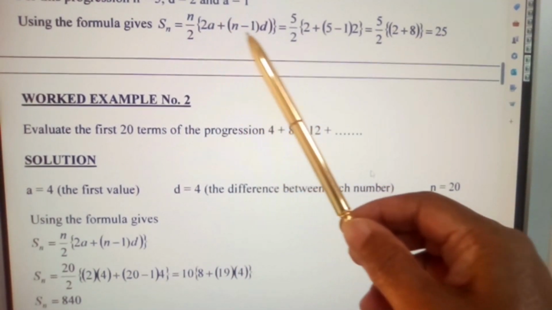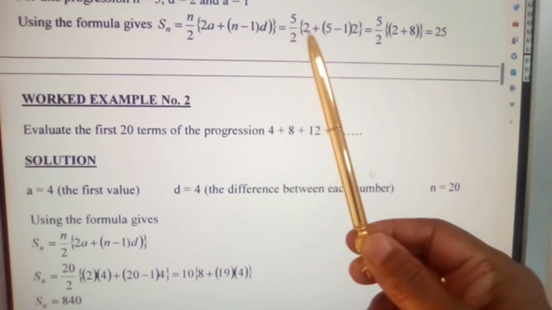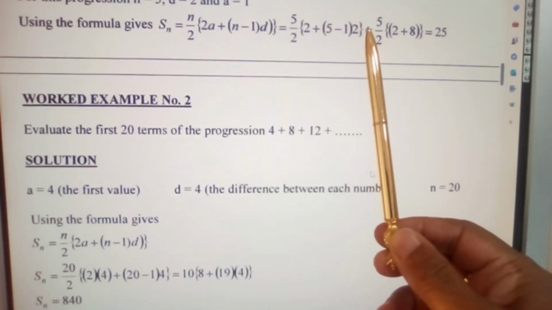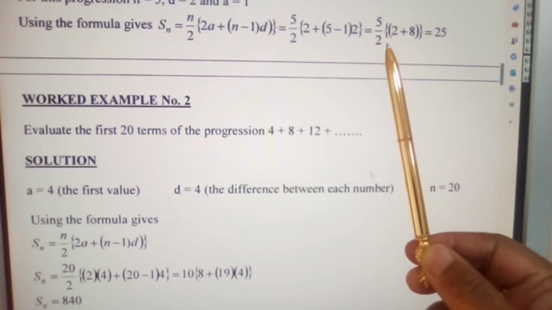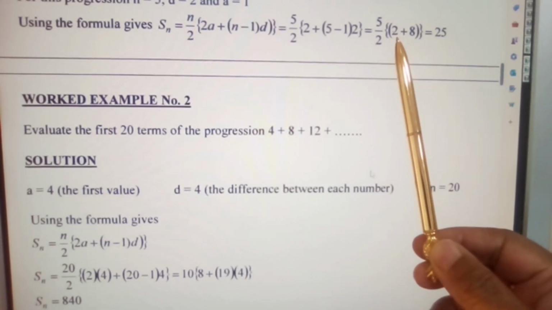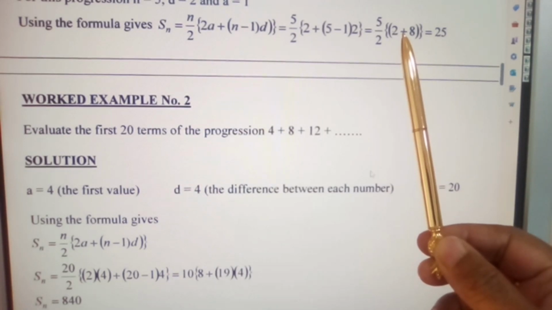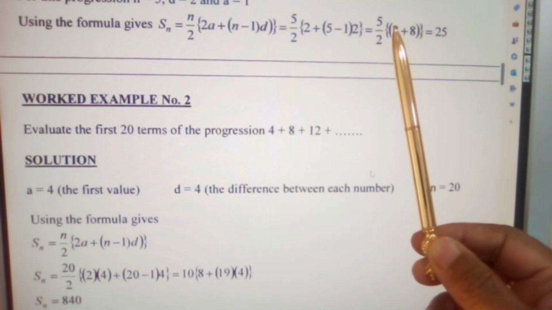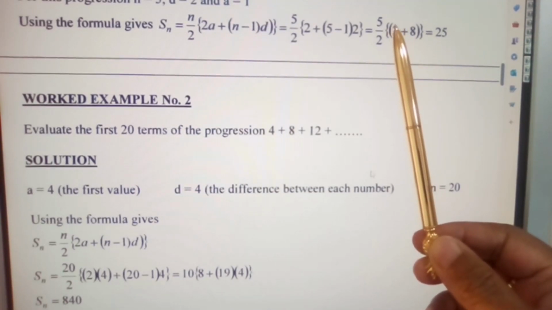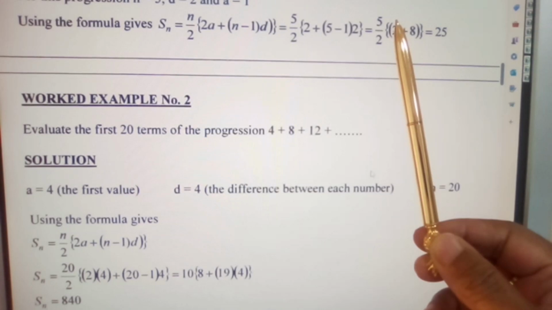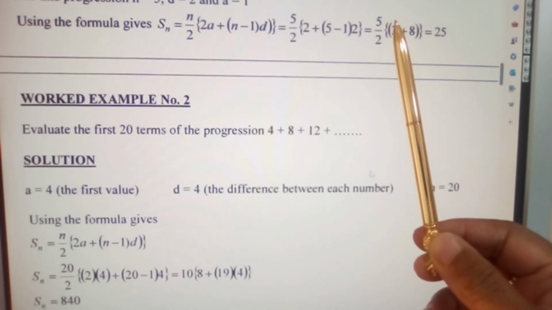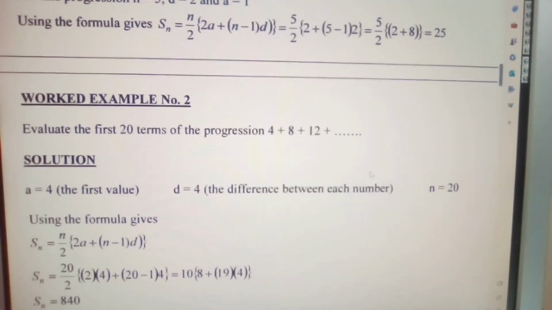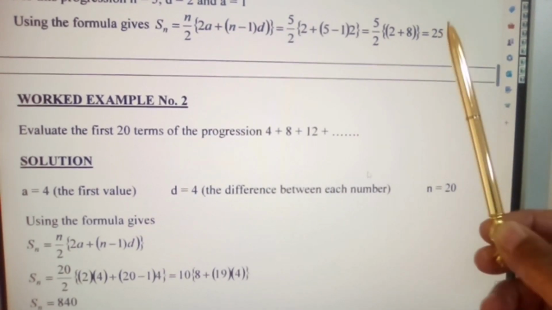And here you can see they're giving you, using the formula gives you etc etc. Now you need to work this out to make sure that you understand the concept of it. And that you can see how they got 25.